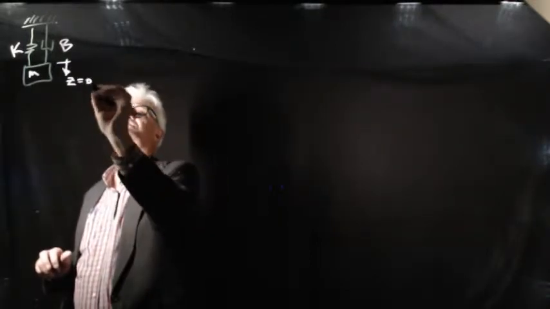And so we've got our equations of motion, but remember I showed you how to make gravity disappear, so we're going to say Z equals 0 at equilibrium.